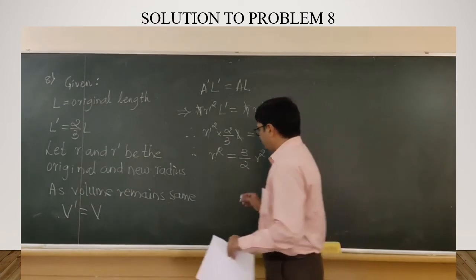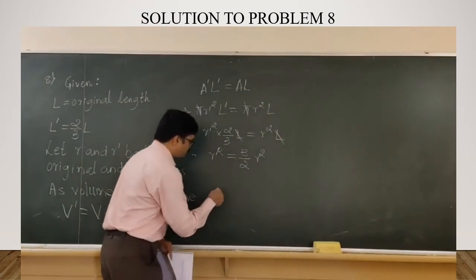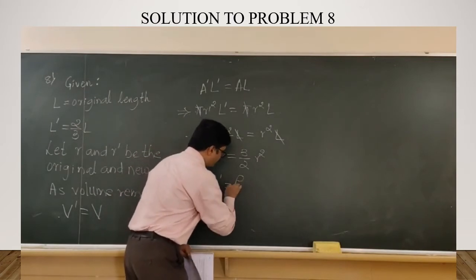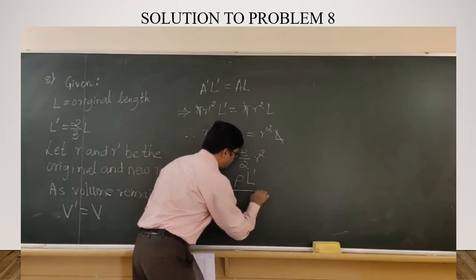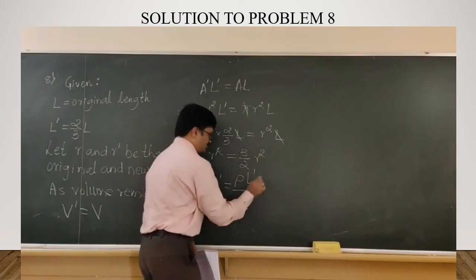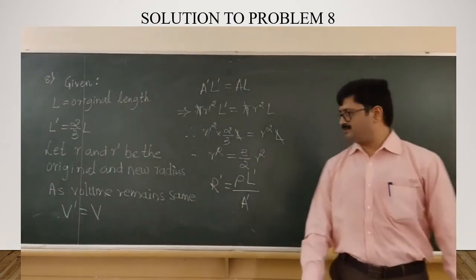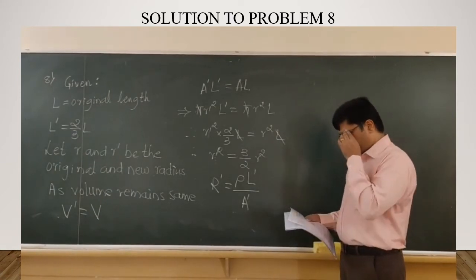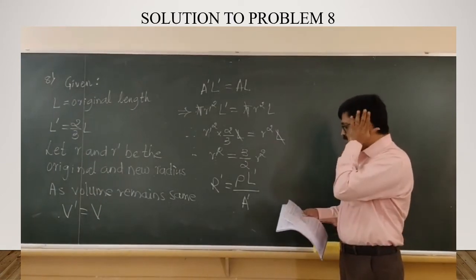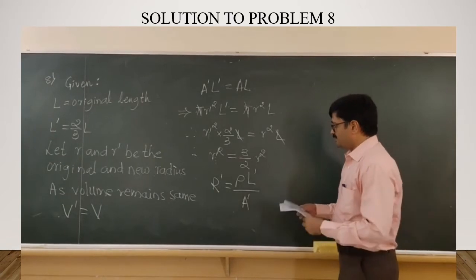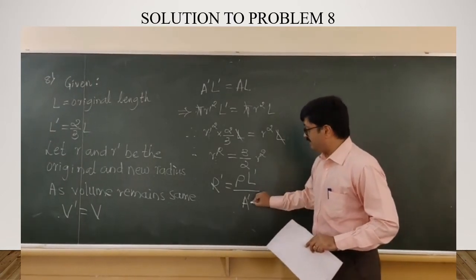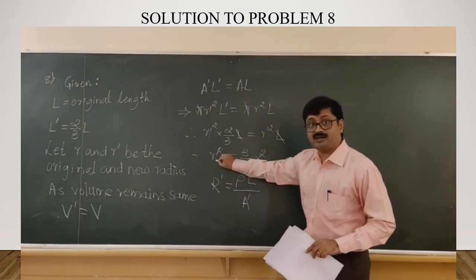Next, I know that the formula for the new resistance, R dash, is equal to what? Rho into L dash divided by A dash. Now we can very easily manipulate L dash for length and A dash for area in terms of R dash, correct?